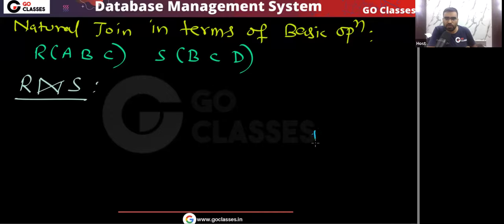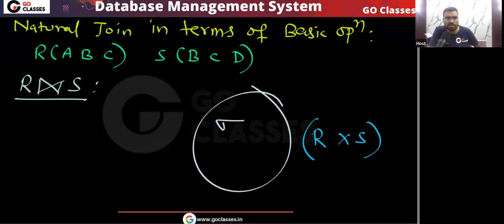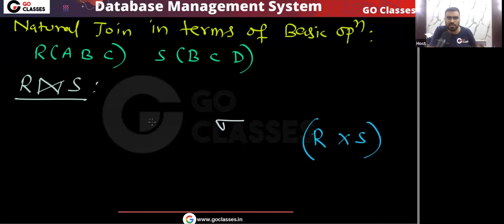Very simple. First you will do the cross product, right? Then you will apply the selection condition. In the natural join, the selection condition is equality of common attributes.